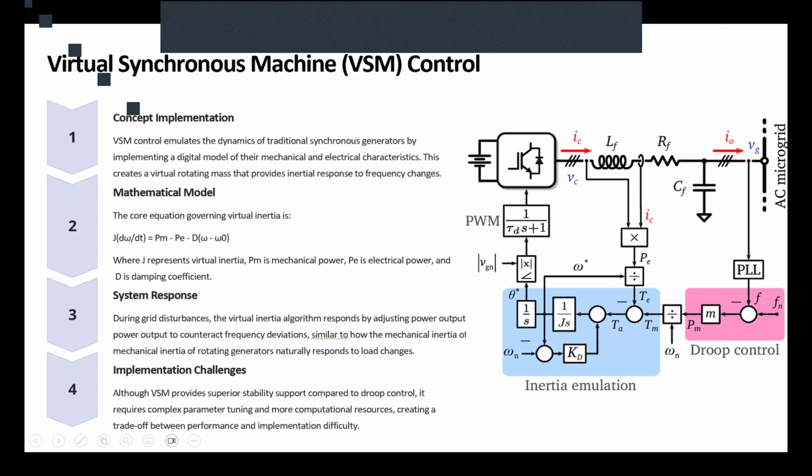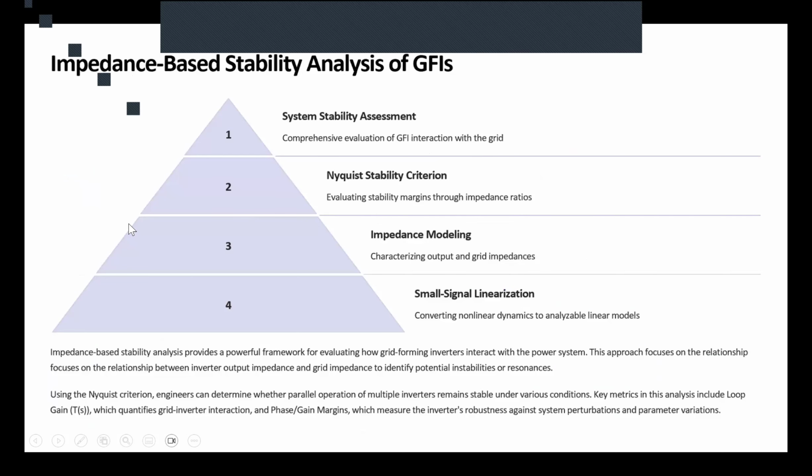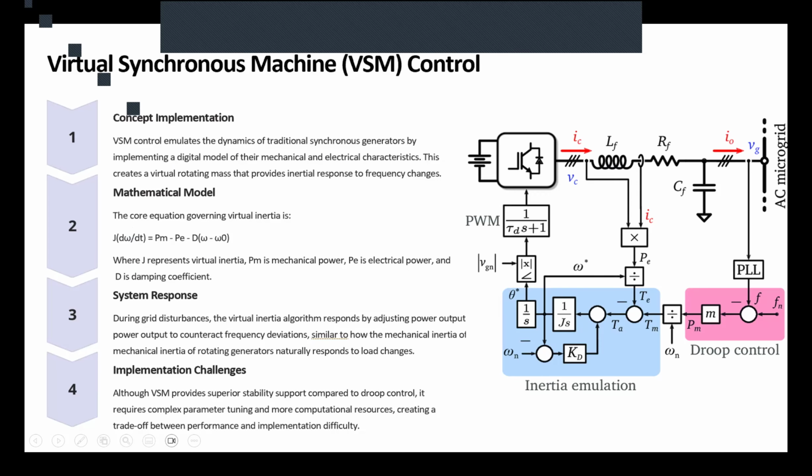As you can see in the system, we basically try to represent all those electrical components as mechanical components. The mechanical formula of a rotary machine is basically a differential equation that defines the change in speed based on mechanical power and electrical power.